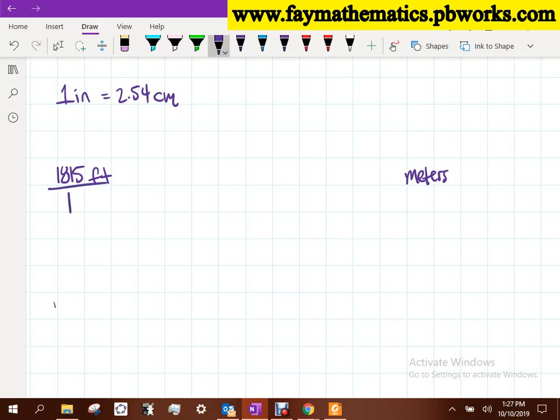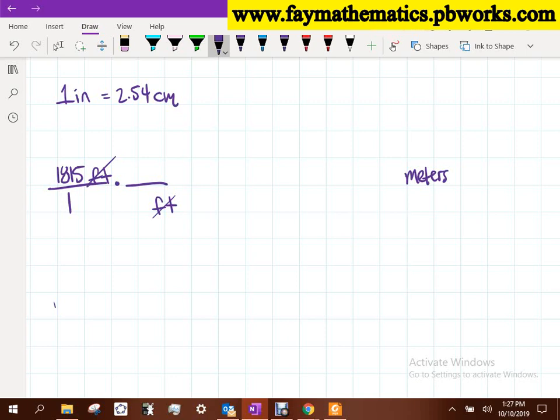I put this over 1, right? Now, I need to put feet there because they need to cancel, correct? So if those cancel, the question then is, do I have a conversion factor that gets me from feet to meters? And we don't, right? Our conversion factor that I'm supplying you with right here is 1 inch to 2.54 centimeters.